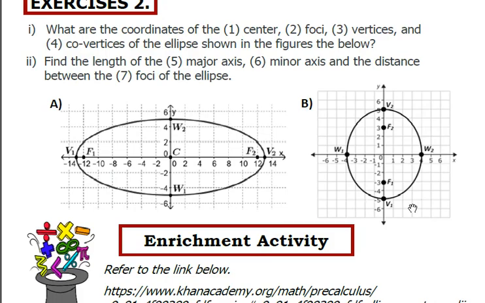The foci here have labels F1 and F2. So what are the coordinates of the foci? Focus F1 has coordinates 0, -3, and focus F2 has coordinates 0, 3.